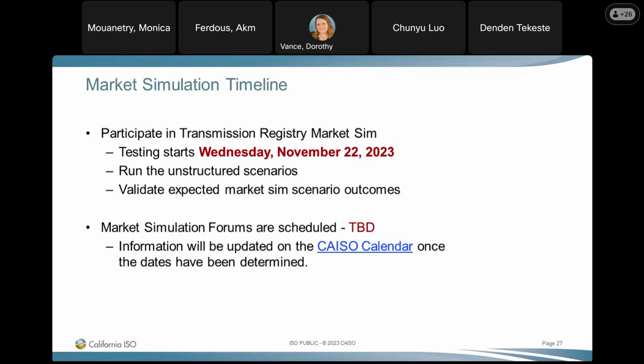Now, the market simulation timeline, as I mentioned: next week, Wednesday, November 22nd, is when we're going to open the market simulation, when we want folks to start going into the system. The MAP Stage environment is already open. Right now, if you do not already have access to MAP Stage, we want to make sure that you work with your user access administrators to get you the appropriate access.